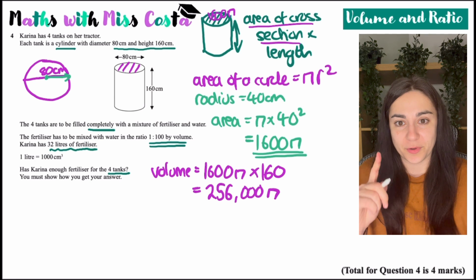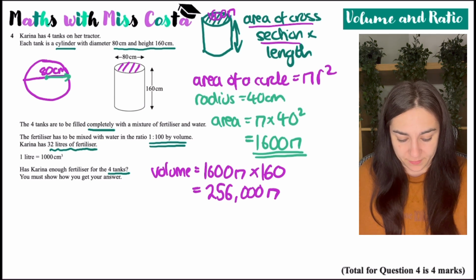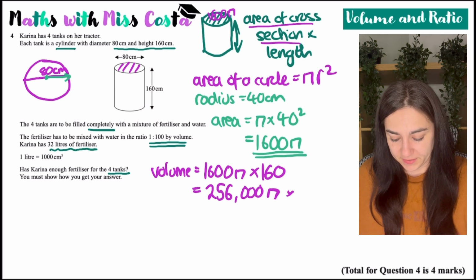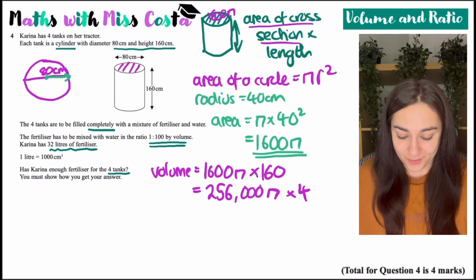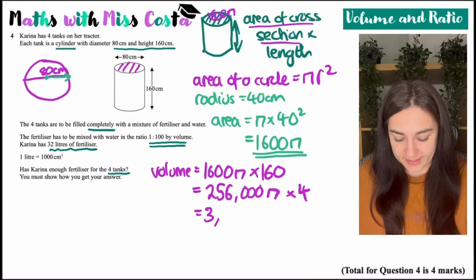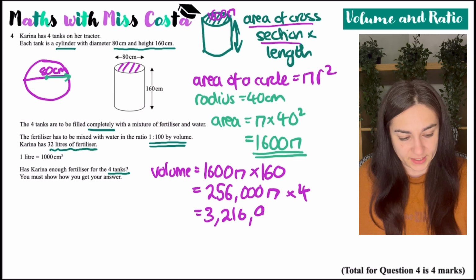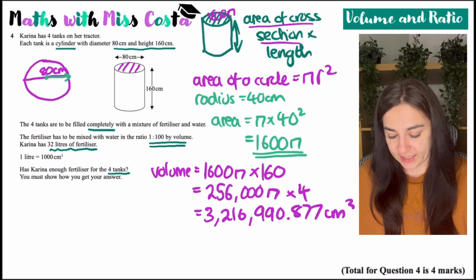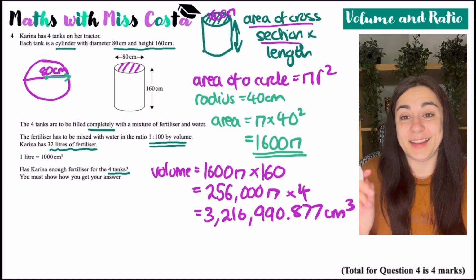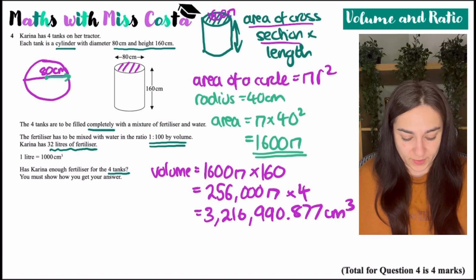Now that's the volume of one cylinder, and I have 4 cylinders, so I'm going to multiply that by 4, which leaves me with quite a large number, 3,216,990.877 centimetres cubed.